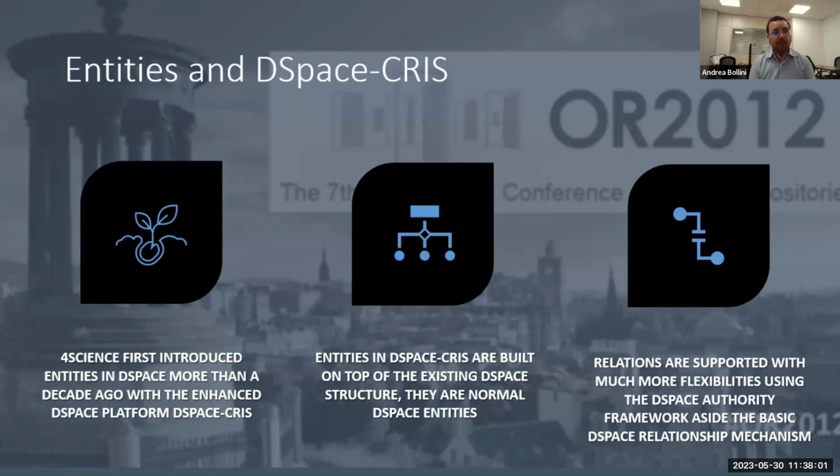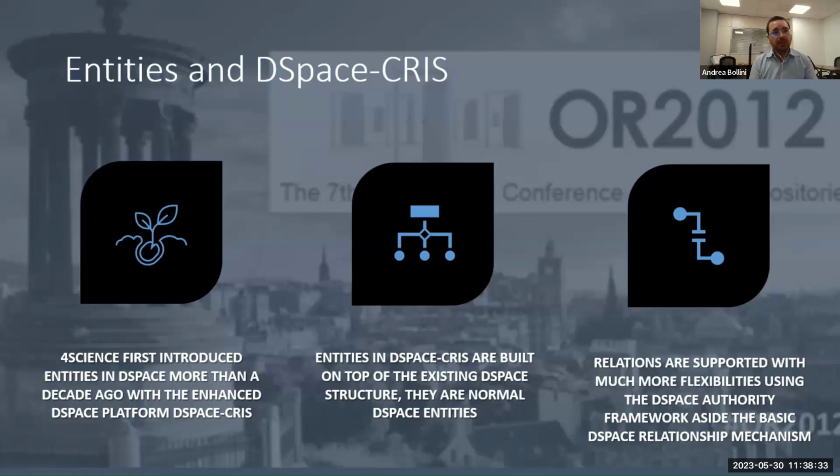In DSpace-CRIS, we have two different ways to support relations. One is inherited from DSpace and is used when we really need to stress the concept of data integrity. And another one is based on the authority framework and allows us to have more flexibility to manage semantic relations.